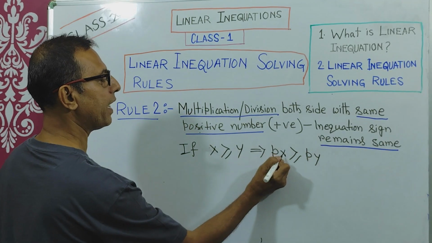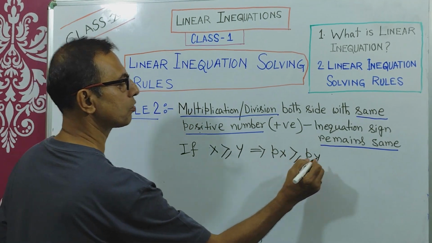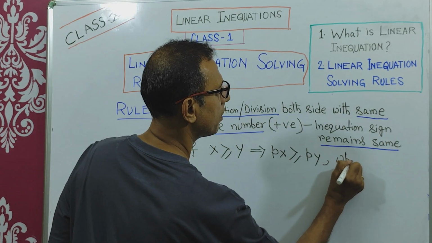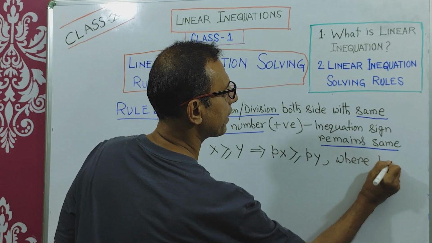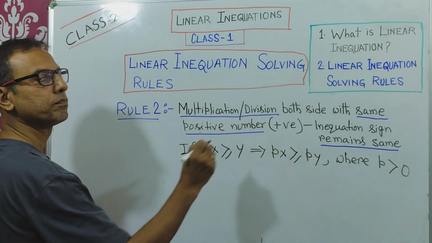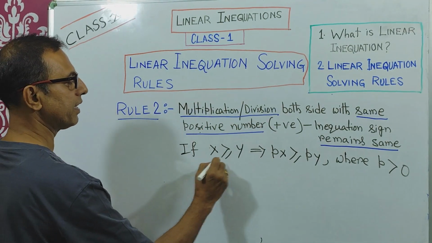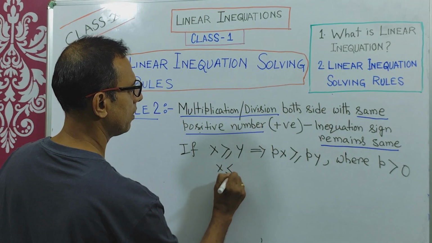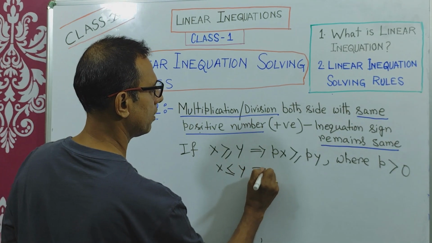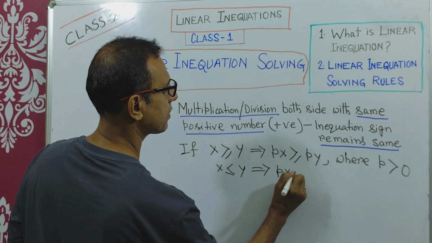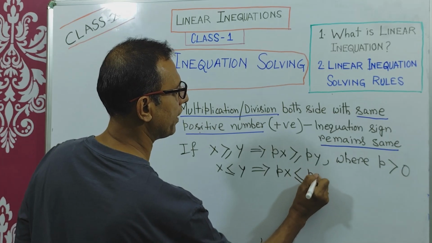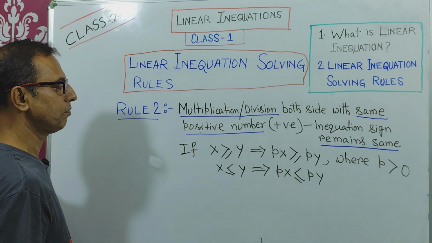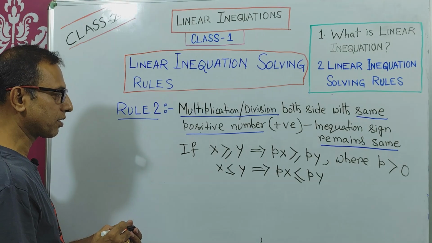So there is no change in the sign, greater than or equal to, where p is greater than 0, a positive number. Same thing, if x is less than or equal to y, then px is less than or equal to py, where p is greater than 0. And for division also the same thing.